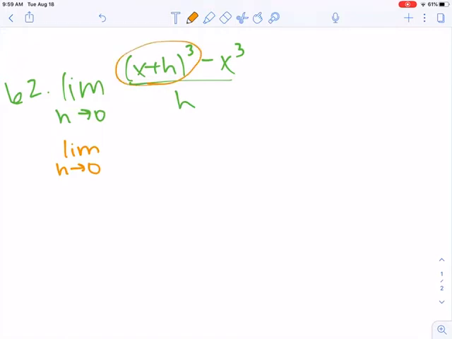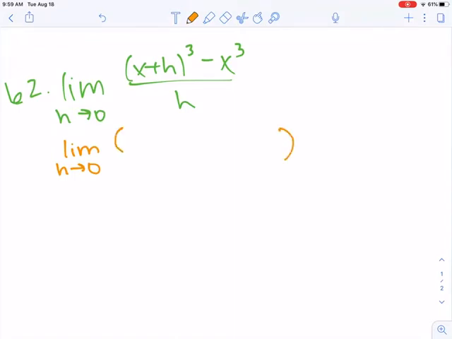So when we have x plus h, the quantity cubed, you can go ahead and do x plus h times x plus h, and then take that quantity times x plus h. But remember, we did some work in pre-calculus with expanding binomials, and we used Pascal's triangle to help us.